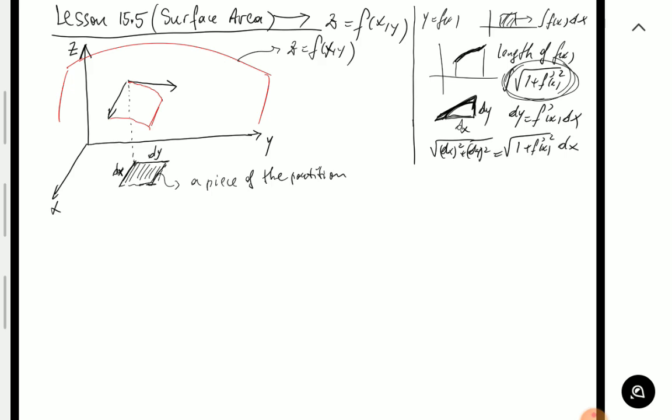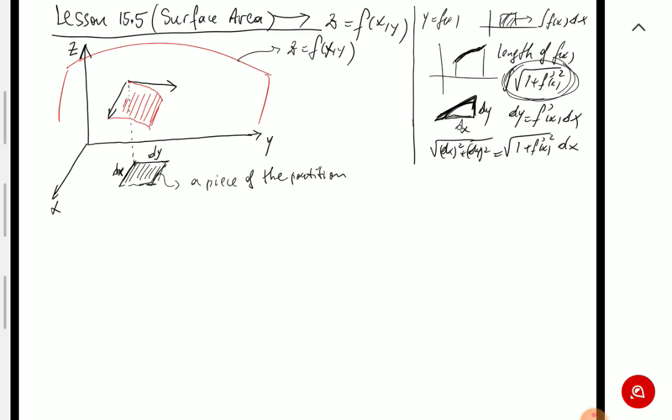So we're going to use a similar analogy here, but let's see how we connect it to the area. So going all the way back to the three-dimensional picture here. For a piece of the partition, we're going to have a piece on the surface that we try to compute. So here with red, I'm representing the piece of the actual surface that we're trying to compute.